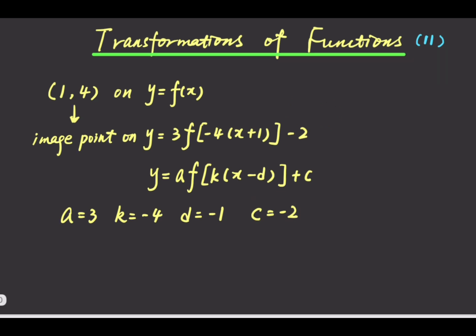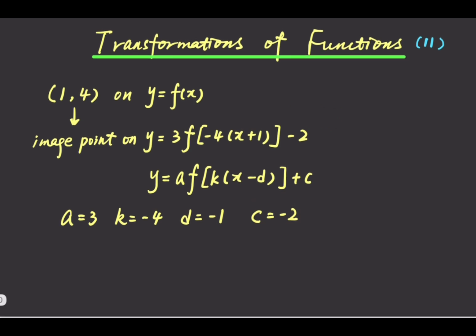If you can figure out the corresponding values A, K, D, and C, you can gradually locate the corresponding image points according to the following steps. First, you must be careful about the order.